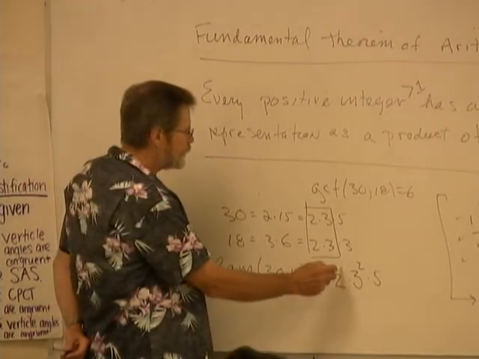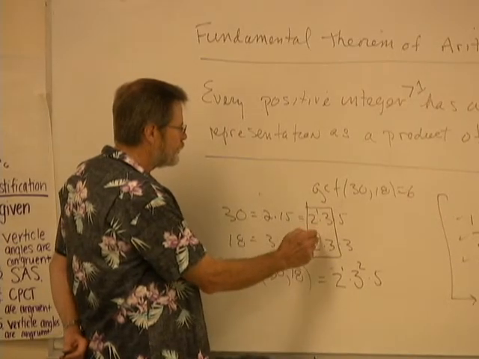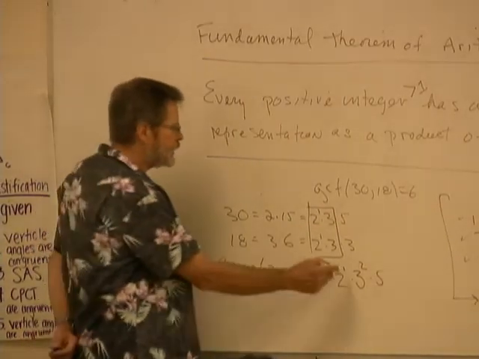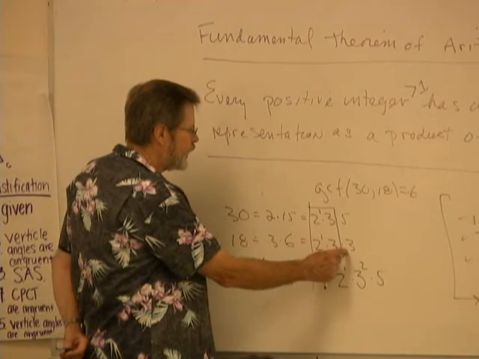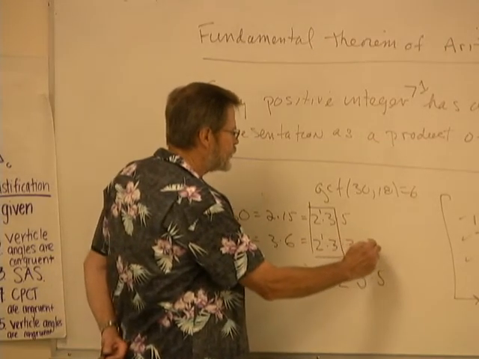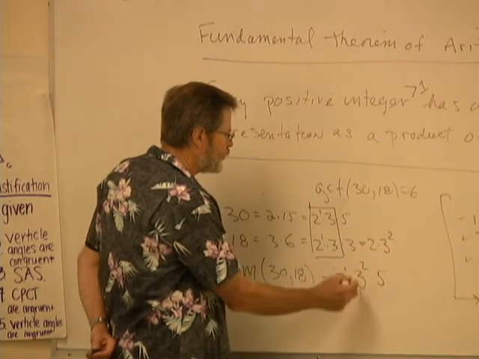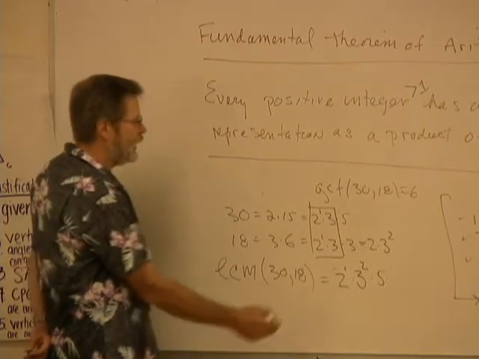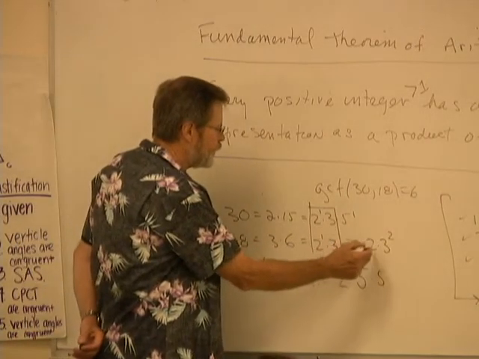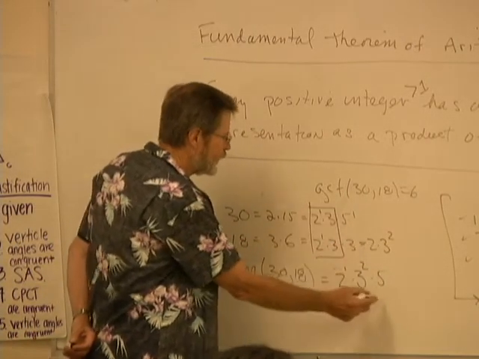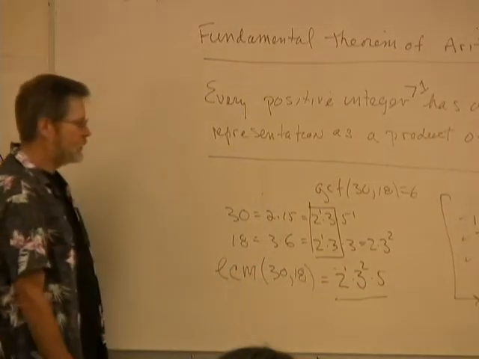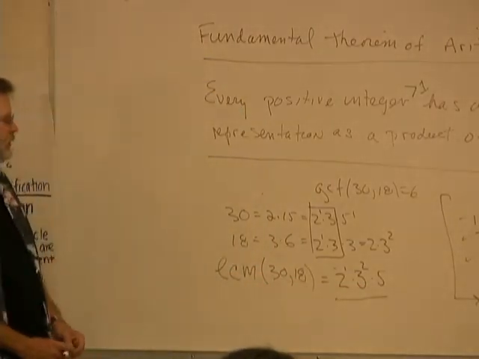So 2 is raised to the first power because it's 2 to the first in both of these. 3 is raised to the second power because this I can write as 2 times 3 squared, and therefore 3 squared must be there. And 5 is raised to the first power in only that one case. This is the least common multiple in terms of the prime factorization.